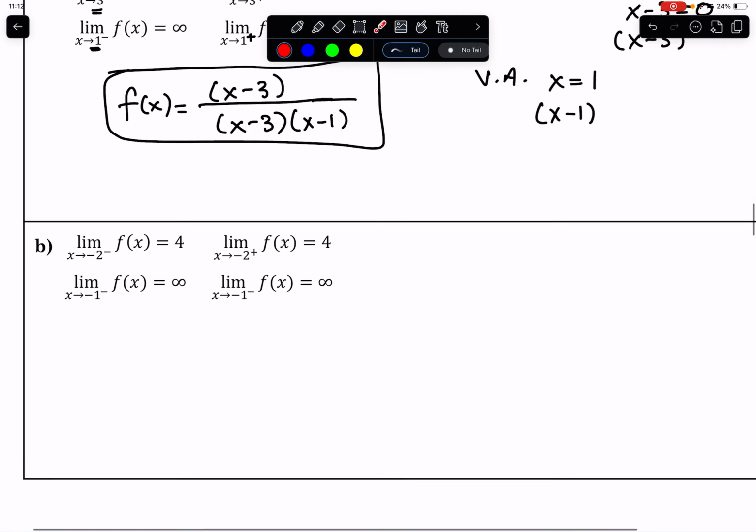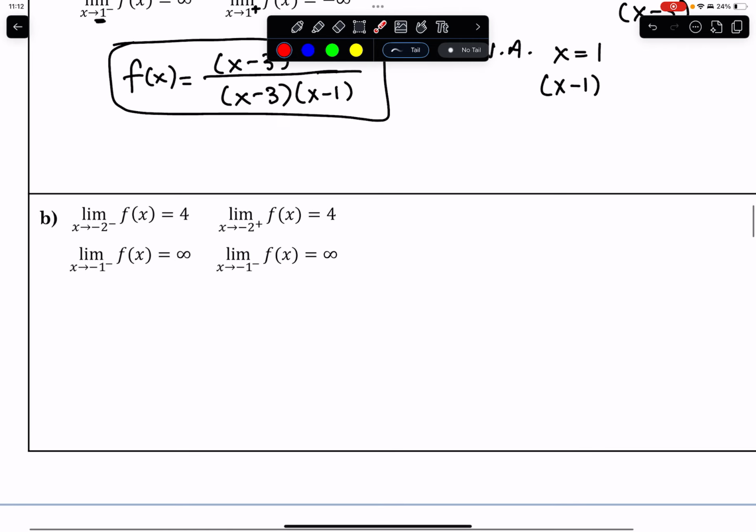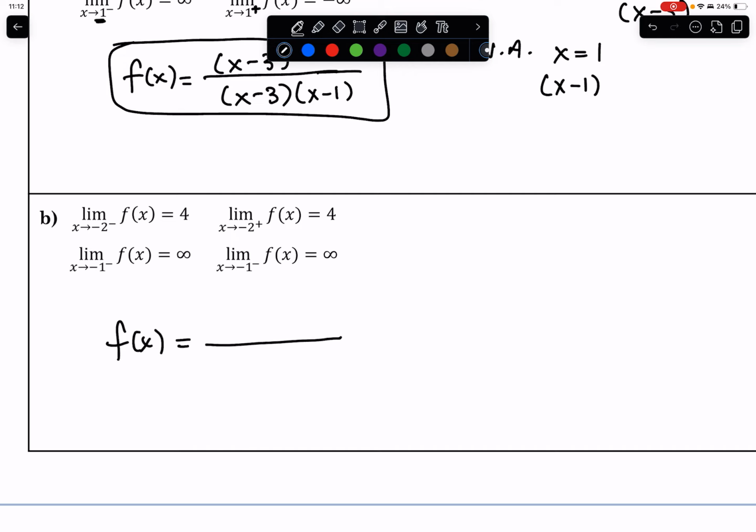So let's try one more. Again, the same idea. Remember, a hole is the result of a common factor in the numerator and denominator of our rational function. The limit notation for that is identified when we approach a number like -2 from the left and from the right, and the limit equals a whole number.